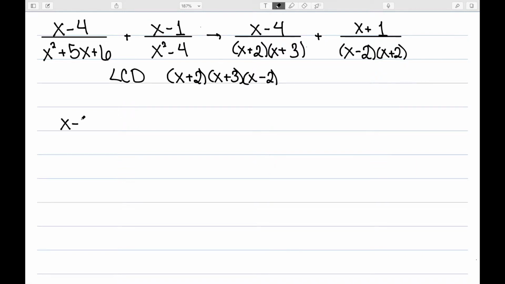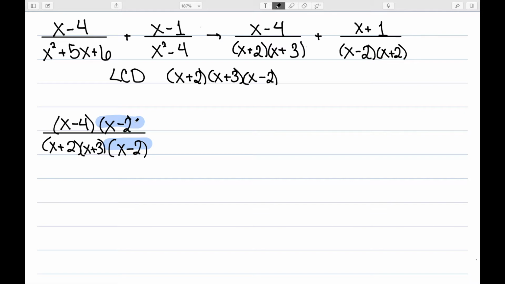When I look at my first fraction, I have x minus 4 over x plus 2, x plus 3. And the term I am missing to make this my least common denominator would be the x minus 2. And if I put an x minus 2 on the denominator, I also have to do it to the numerator.